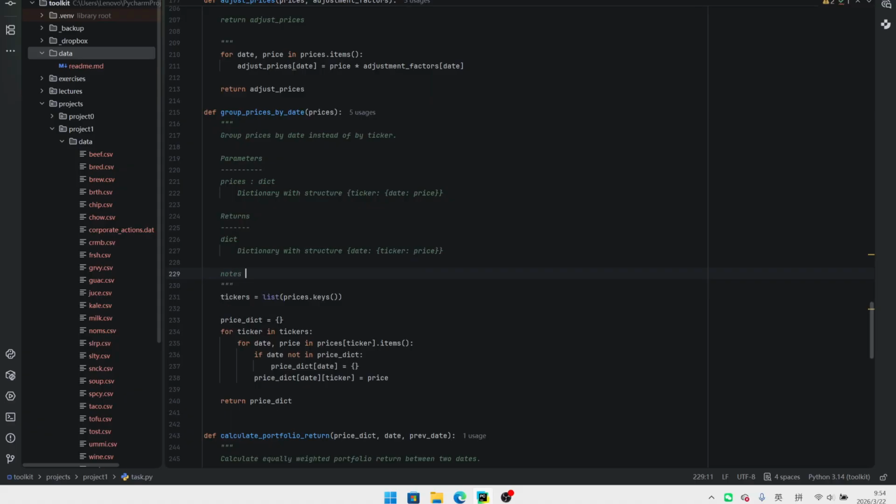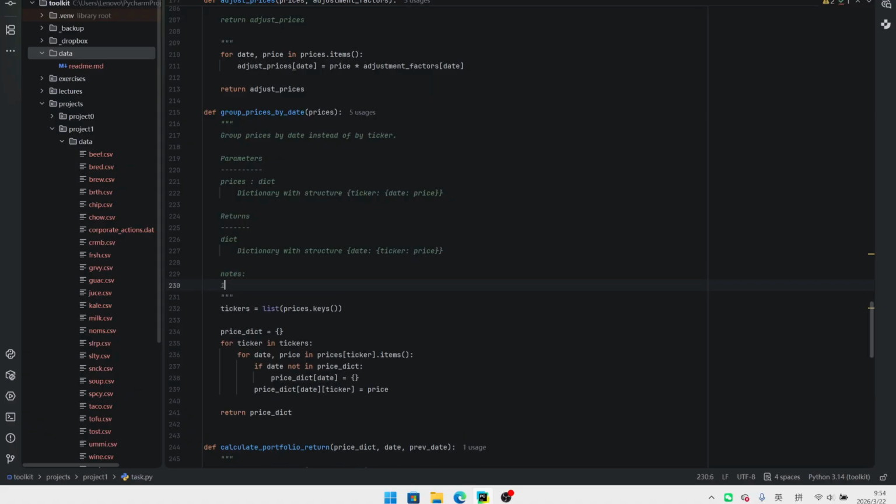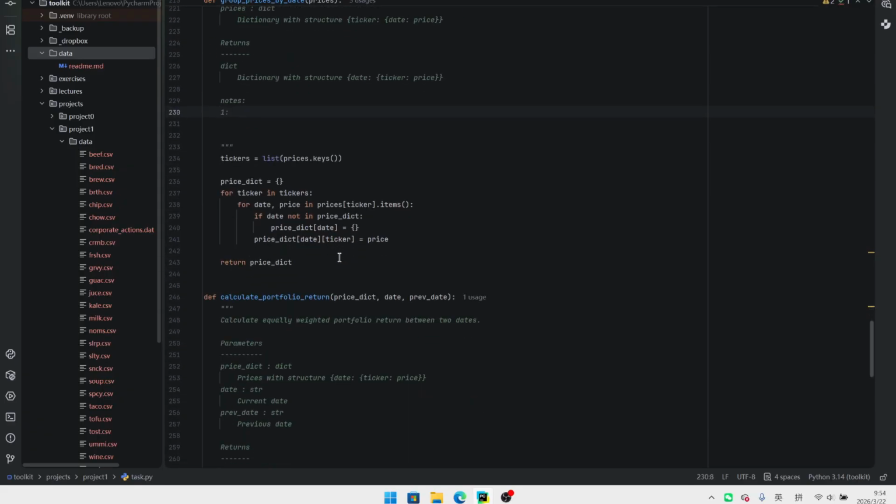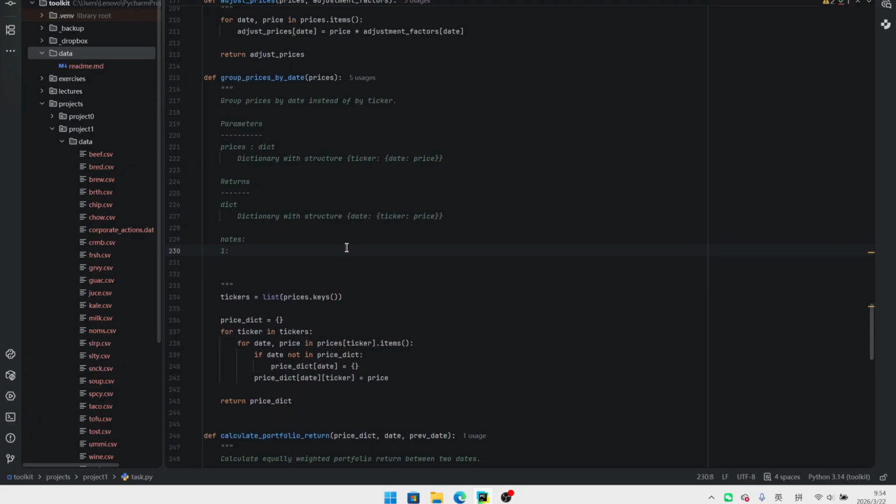So the notes: the ticker key, the price key, ticker is a list. Yes, correct. For ticker in tickers, for date, price in the price's ticker item, so we just get the date and the prices.